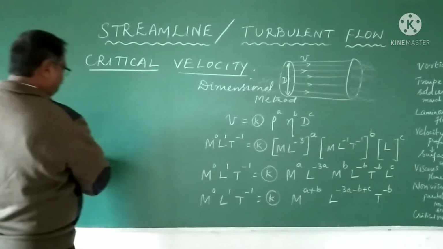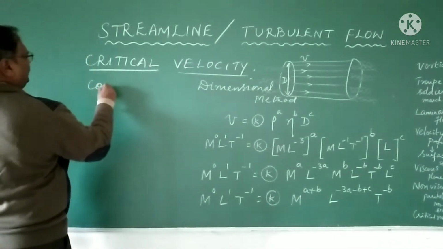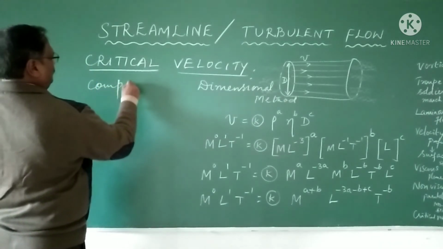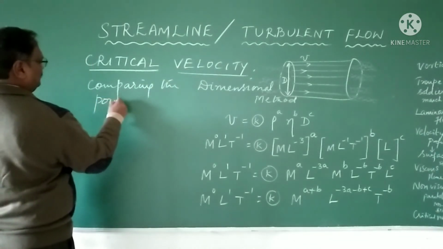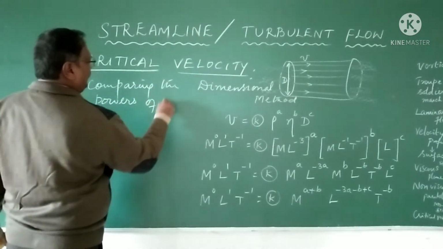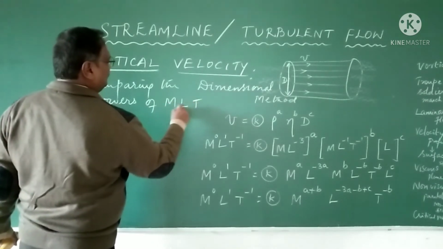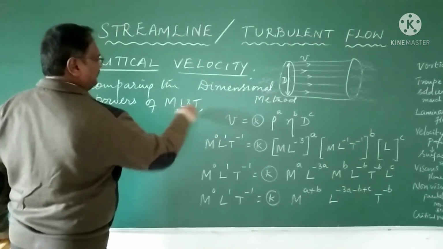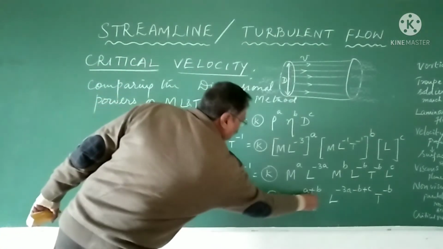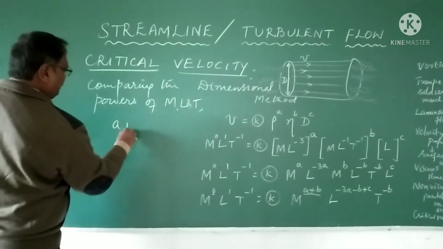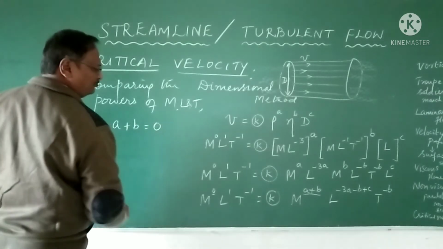Now let me write, comparing the powers of M, L and T. For M: A plus B is equal to 0.